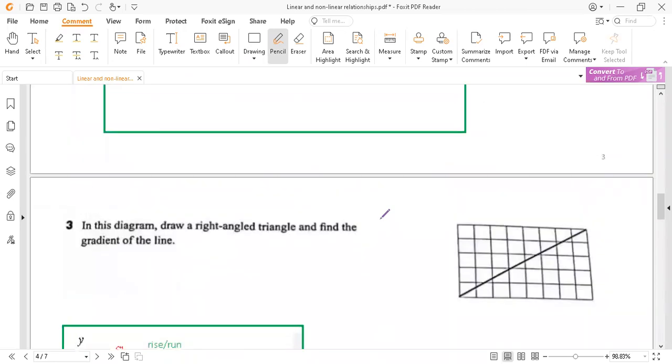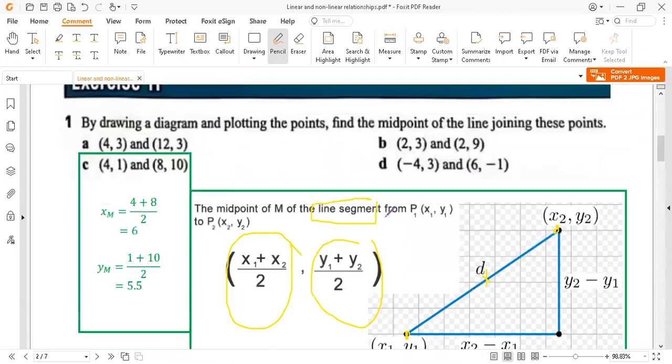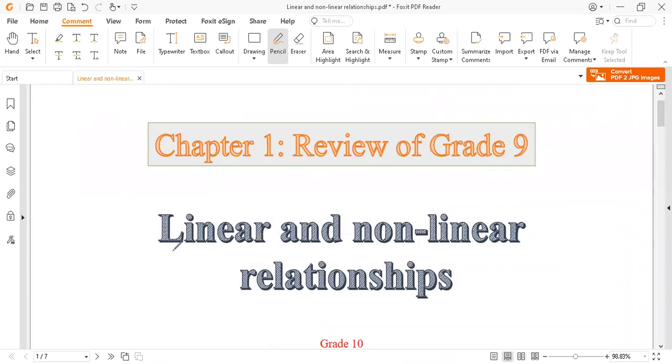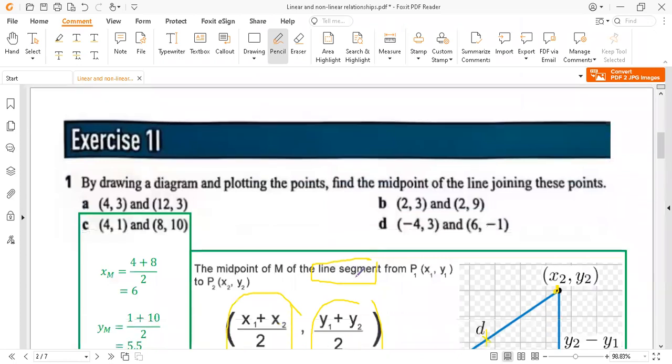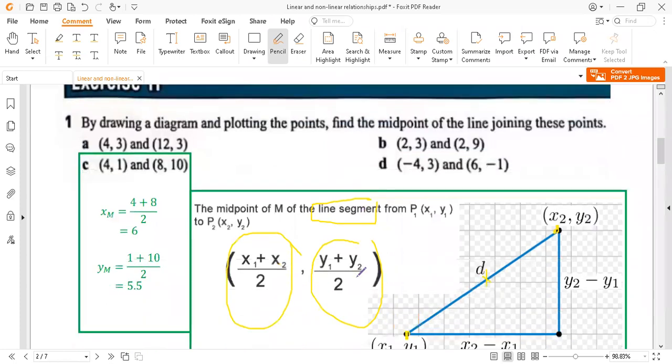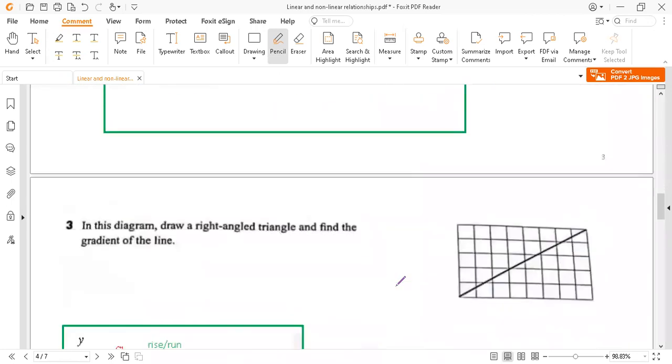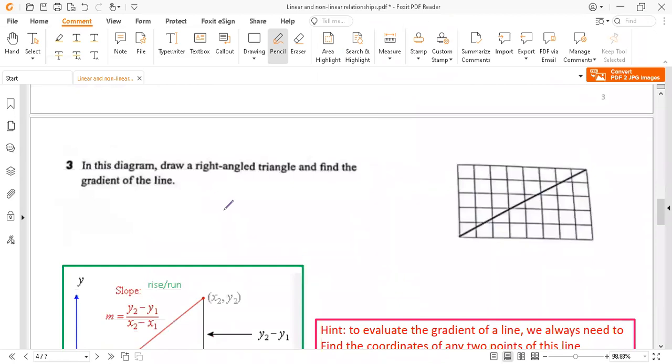Moving on. Normally, all these concepts are linear. So we are talking about line, linear. Non-linear, like a circle, for example, parabola, and so on. So normally, non-linear is a curve, but linear is a straight line.